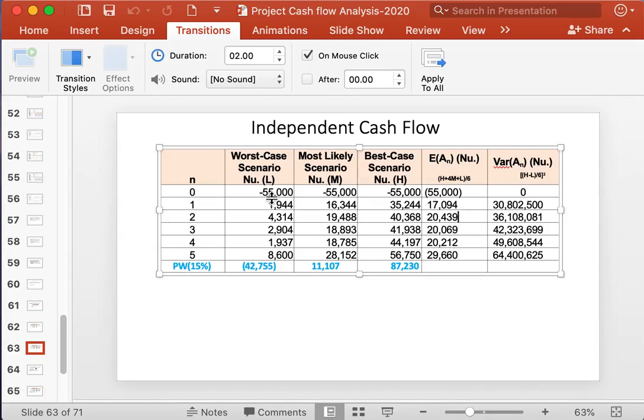But for each year's cash flow, we have considered a range from worst case to best case. But within the particular year, the variability is taken care of using the beta probability distribution function.